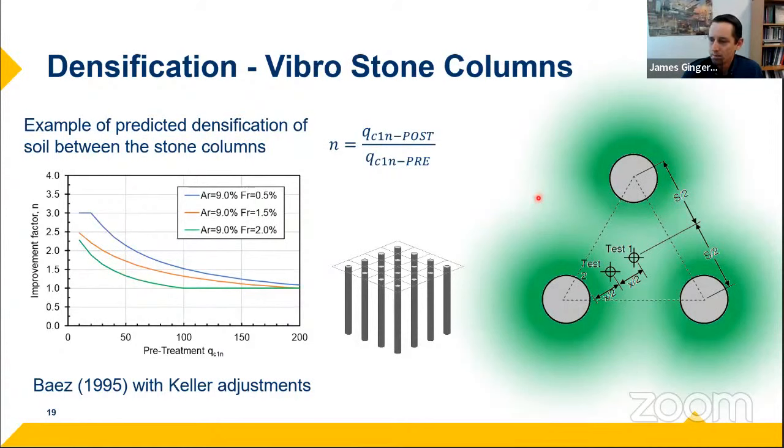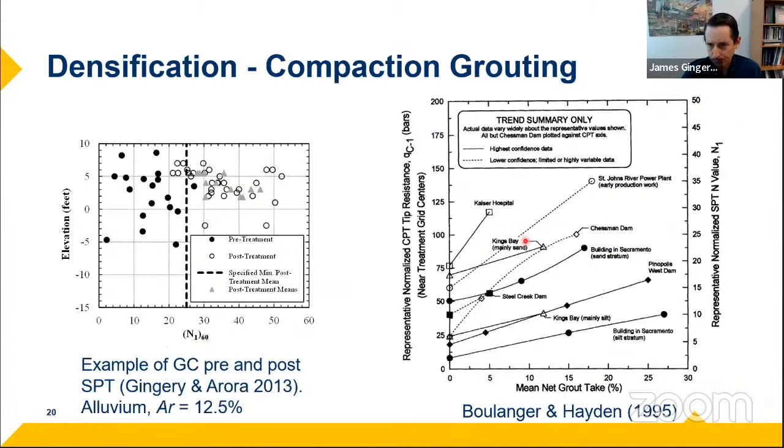Different contractors will have different equipment and means and methods, and the spacing of the stone columns is generally best left up to the contractor to evaluate from a design-build perspective. Each one has its own way of estimating the improvement that they'll be able to achieve.